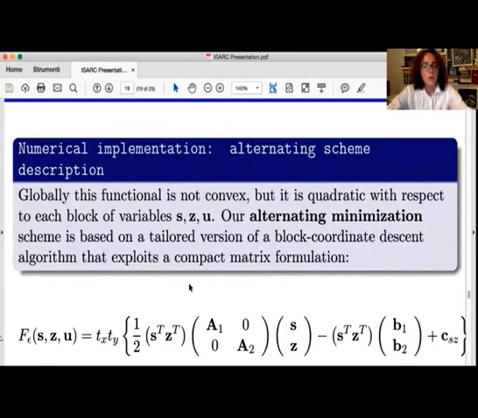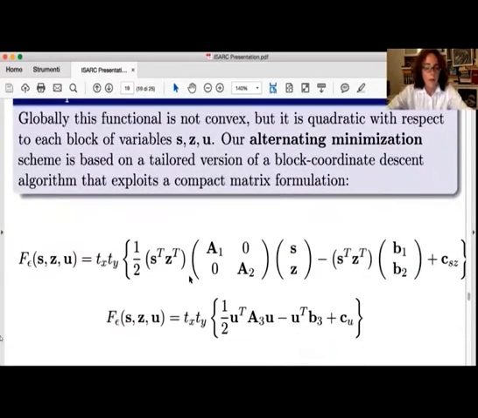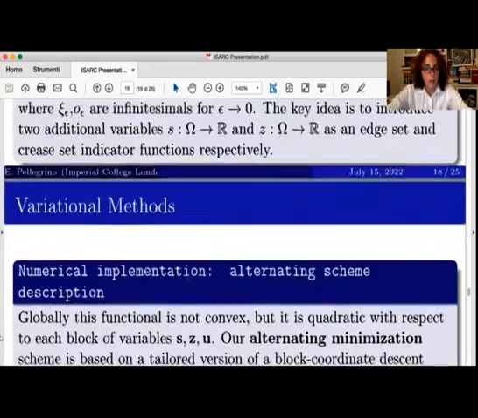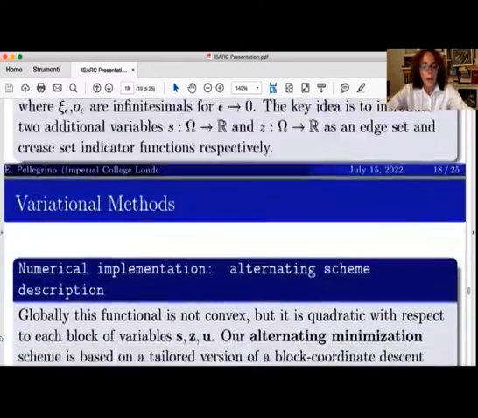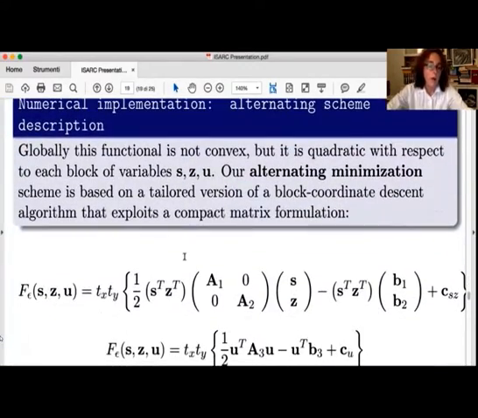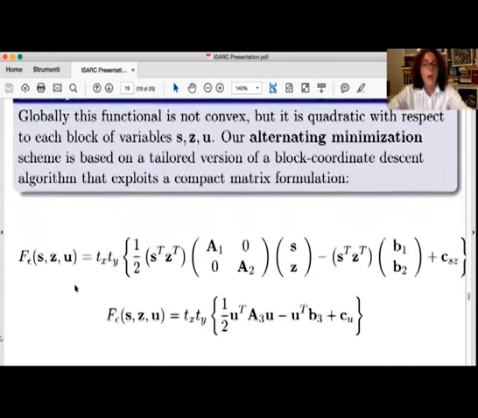For this reason, we used this matricial form of the previous formula, and that is allow to use an alternative minimization technique in order to bind the three solutions that we are looking for.